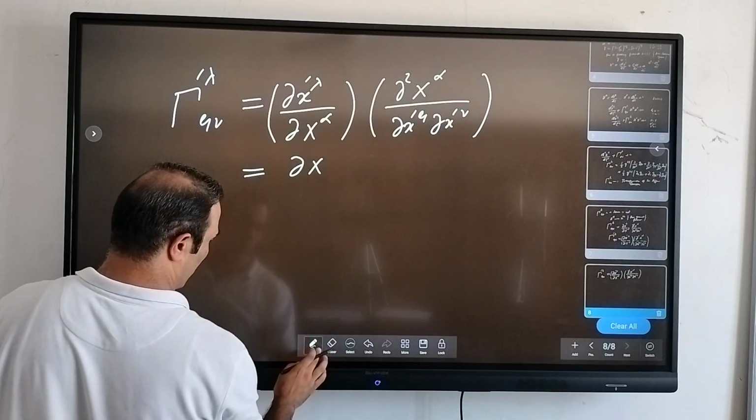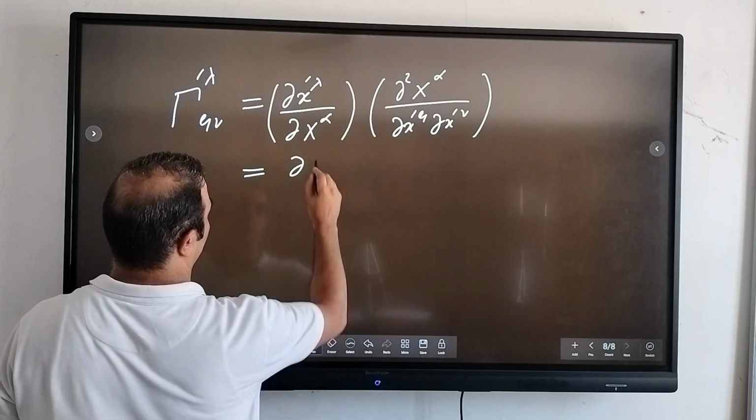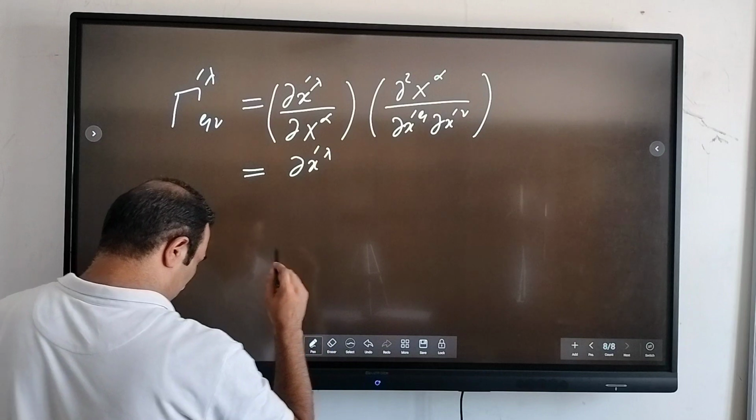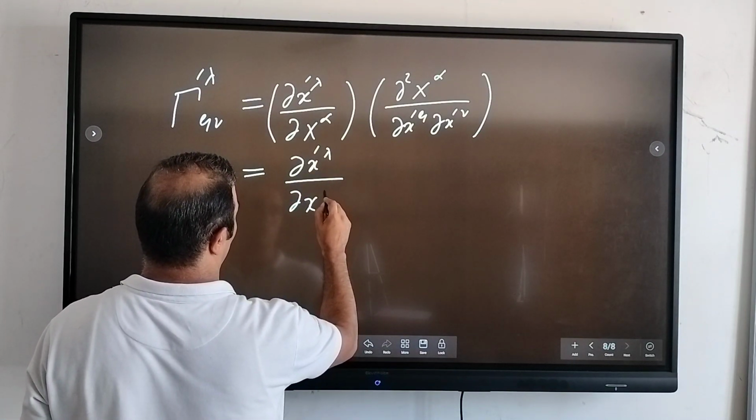x, sorry, this is small x, so let me write it here, x prime by lambda. So this can be written as partial x rho.